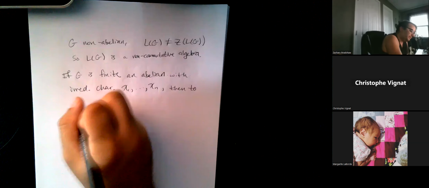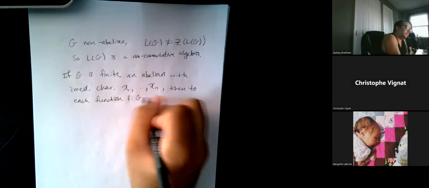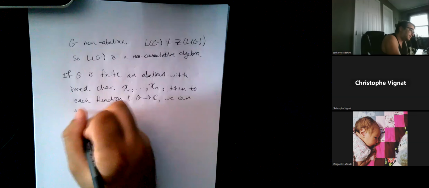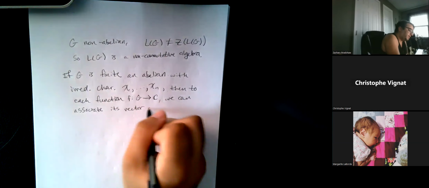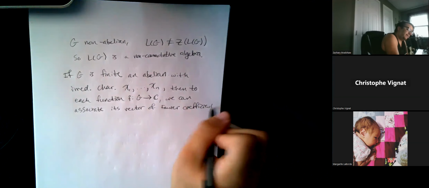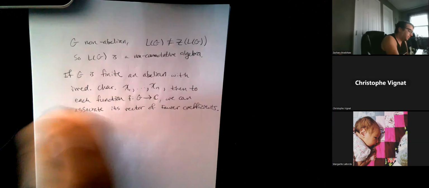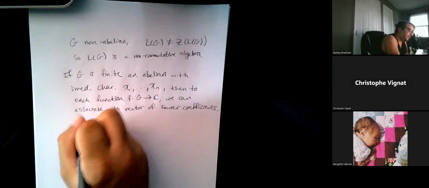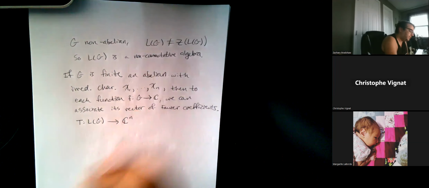Then to each function, call it f, so each element of the group algebra, we can associate its vector of Fourier coefficients. So we have this nice theory of Fourier analysis for abelian groups, and we can arrange the Fourier coefficients into a vector. So what we mean is we can define a T, which takes an element of the group algebra and sends it to a vector in Cn.